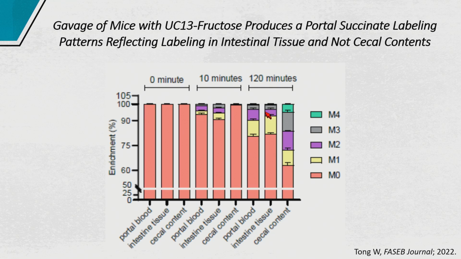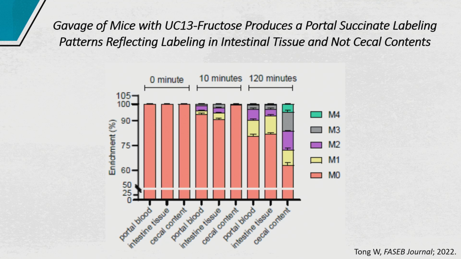This is UC13 fructose gavage into animals, and measuring labeled succinate in the portal circulation. And you can see within 10 minutes, we're getting substantial labeling in portal succinate. It's comparable to what's in the intestinal wall, and the intestinal tissue, and we don't see that labeling in cecal content. So this is not coming from the microbiome. This is actually enterocytes producing this.